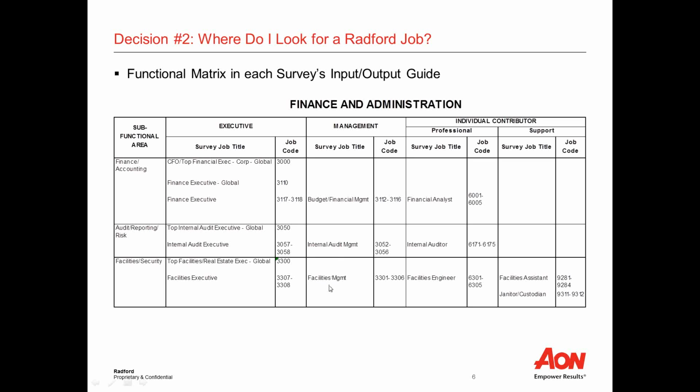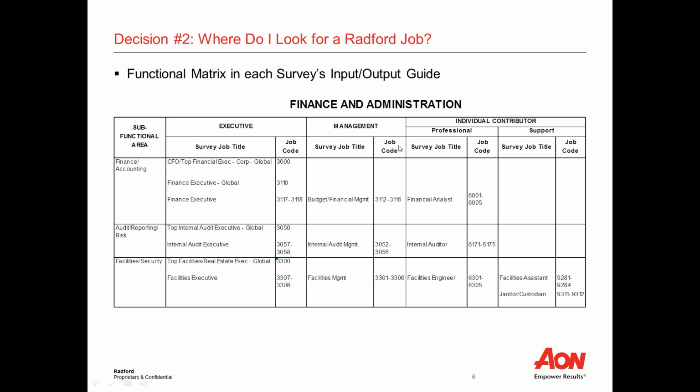And here we see this is a facilities manager, and this may be a role that we would be interested in looking at to see if the job description that Radford has provided matches your internal job description to at least 75% or greater.